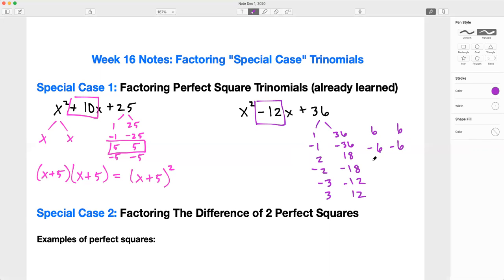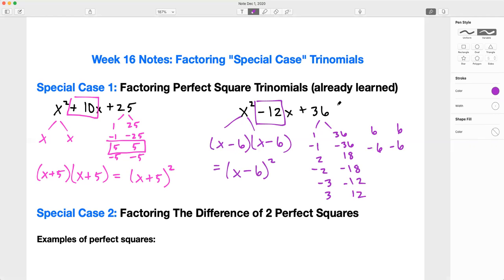If you pick -6 and -6, you'd be right. So our answer is going to be x minus 6 times x minus 6, the x and the x coming from the factors of x squared. But another way to write this is x minus 6 quantity squared.